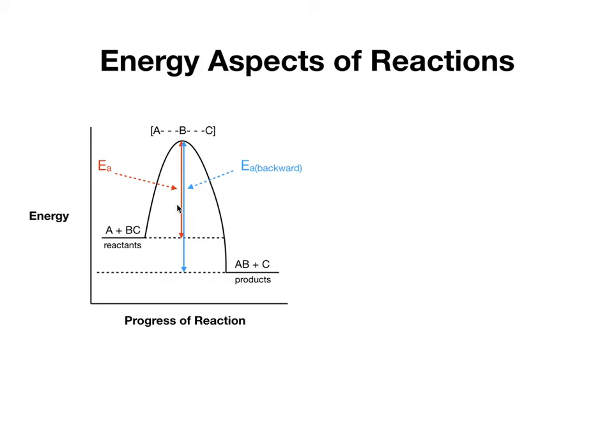So since we can really have two activation energies, the activation energy for this reaction, the activation energy for the backward reaction, we're going to be a little more specific here and say this red arrow indicates the activation energy for the forward reaction, whereas this blue arrow here indicates the activation energy for the backward reaction.